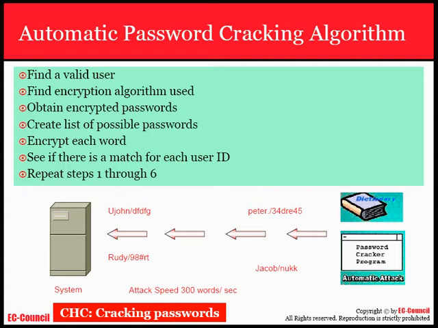I create then a list of possible passwords and then just go down the list again, only this time I'm taking each of those passwords and I encrypt them using whatever encryption the system uses. And then once I find the correct password, I get access to the system. If I don't, I move down the line and try the next possible password.